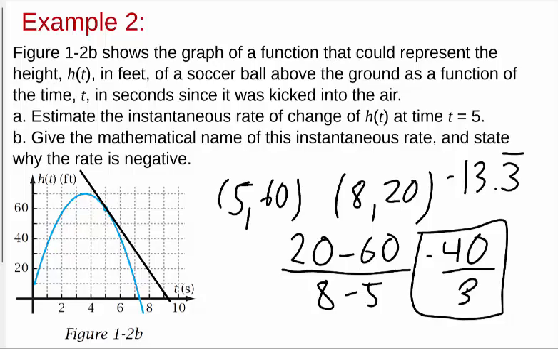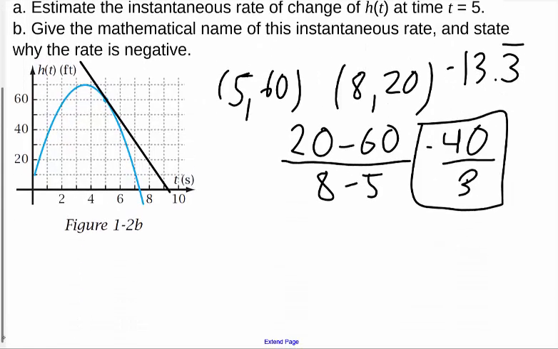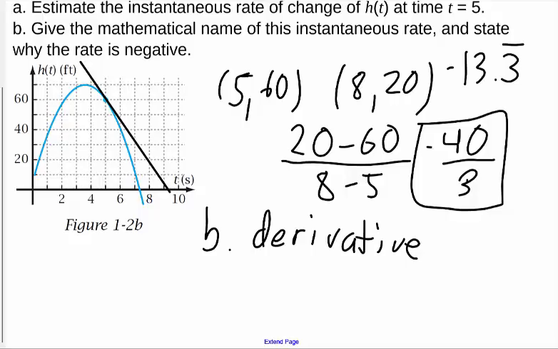So, part B, if you watched our last video for section 1, you will remember that this mathematical name is called the derivative. And why is it negative? Well, because h of t is decreasing.